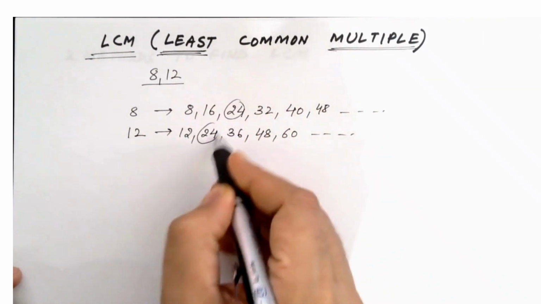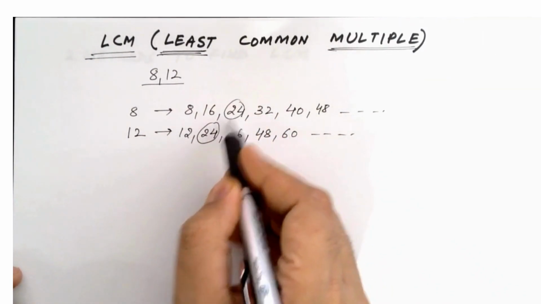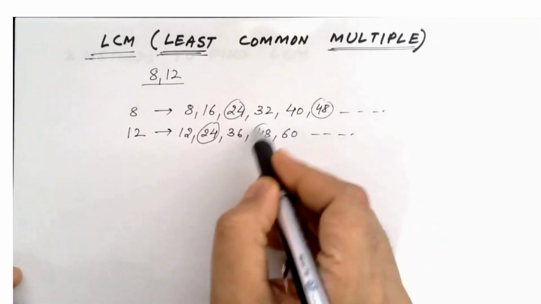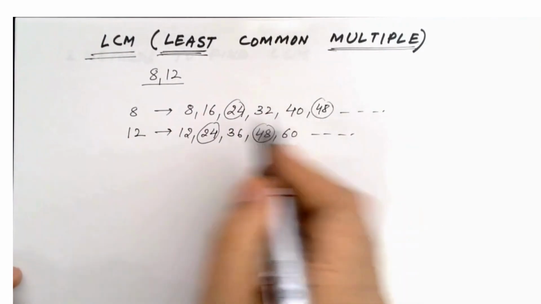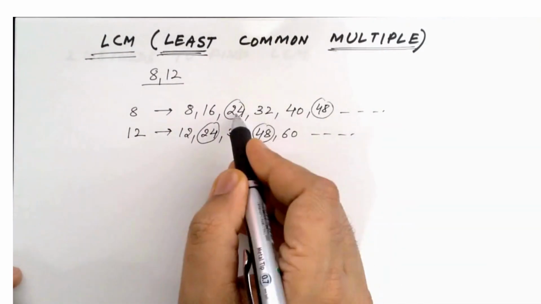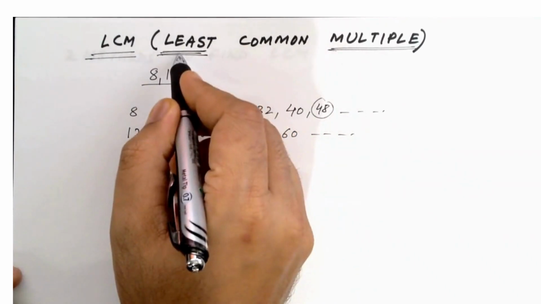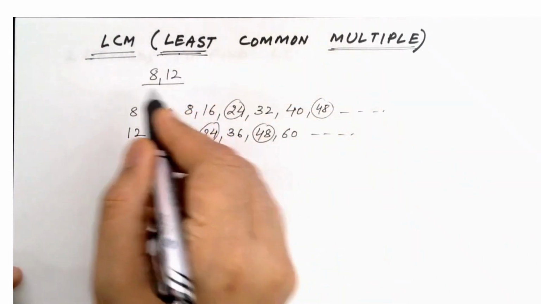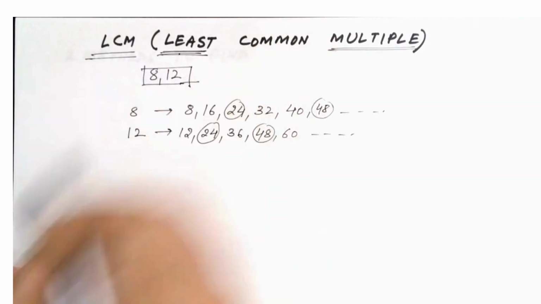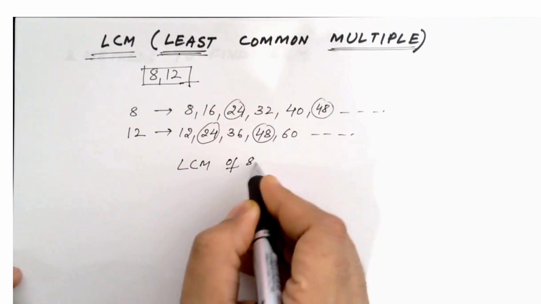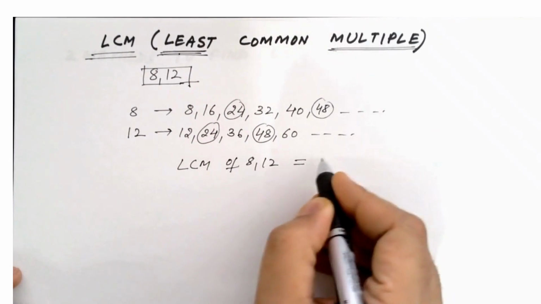This is the first number which has appeared common in both series. There may be other numbers like 48 which is common, but we have a number less than 48, which is 24. So 24 is the least number which is common between the multiples of 8 and 12. So we can say the LCM of 8 and 12 is 24.